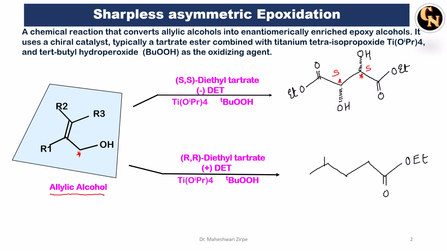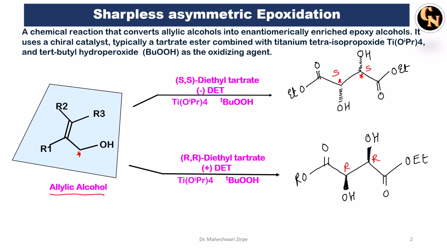So here this is your R configuration. So in R configuration there are wedge OH groups. So this is your R configuration. Okay, both the chiral carbons are RR.